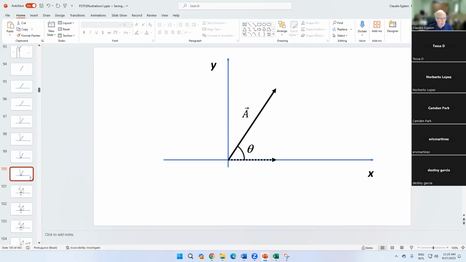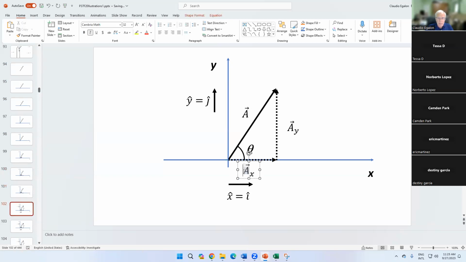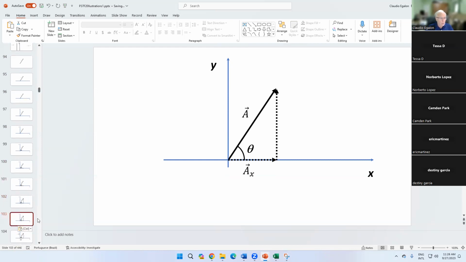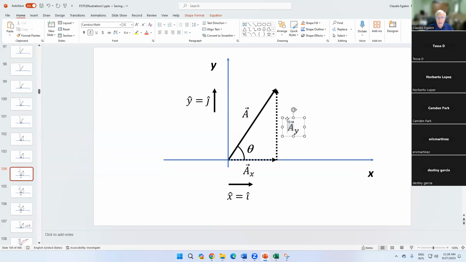This one here, I'm going to label it as the a sub x vector, and the y component, that's going to be the a sub y vector. A sub y vector comes next, right here.